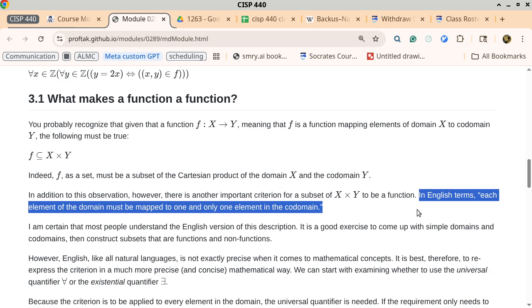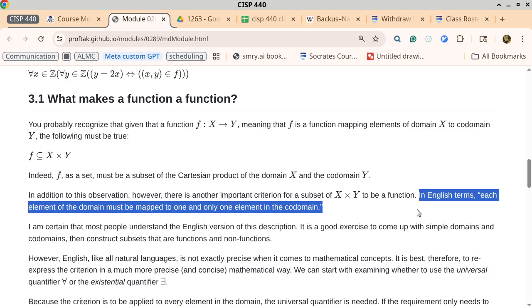So does this set satisfy the requirement that each element of the domain must be mapped to one and only one element in the codomain? There are a few things, right? All of these terms are important. What is the domain? The domain is X in this case, where we are mapping from.